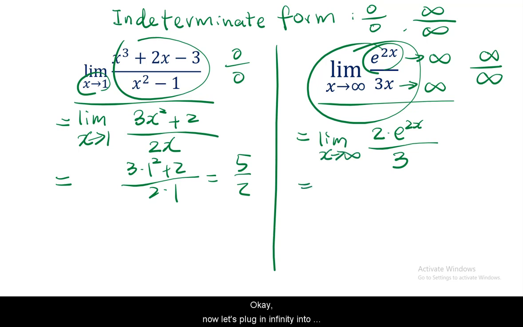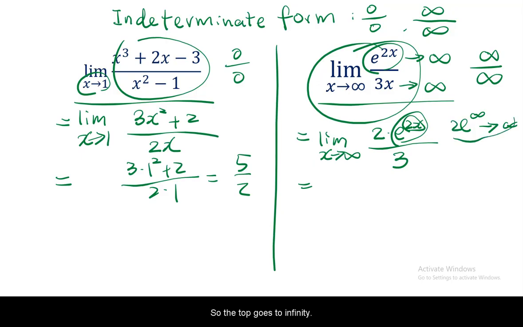Now let's plug in infinity into this expression again. On top, 2 times x is 2 times infinity, which is also infinity. So e to the infinity goes to infinity, and you multiply by 2, it still goes to infinity. So the top goes to infinity, the bottom is 3. So you get infinity over 3, which is infinity. So the limit for this expression is infinity.